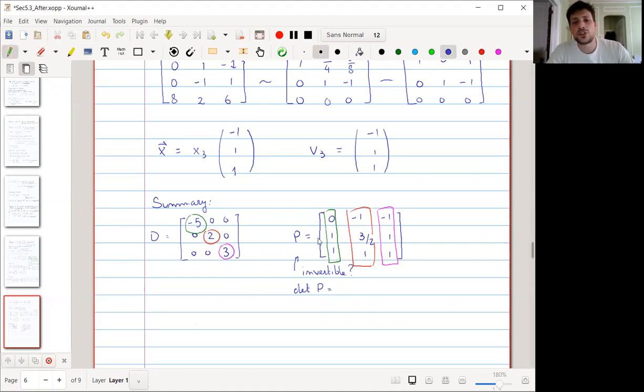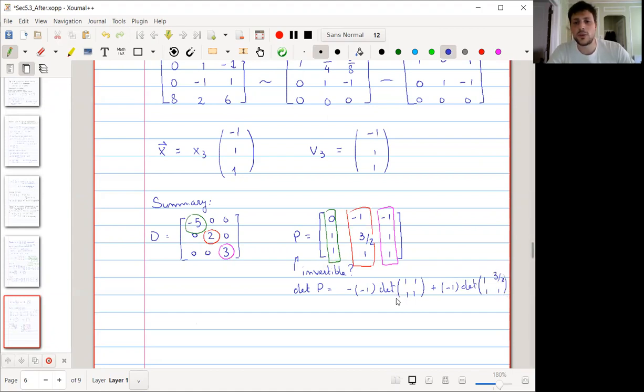Now, we should check that P is invertible, and in fact, that can easily be done by computing the determinant. We can even do it now. Maybe let's compute the determinant using a cofactor along the first row, which is plus minus, so it's -1 times the determinant of, I erase the central column, 1, 1, 1, 1, plus -1 times the determinant of the matrix 1, 3 halves, 1, 1.